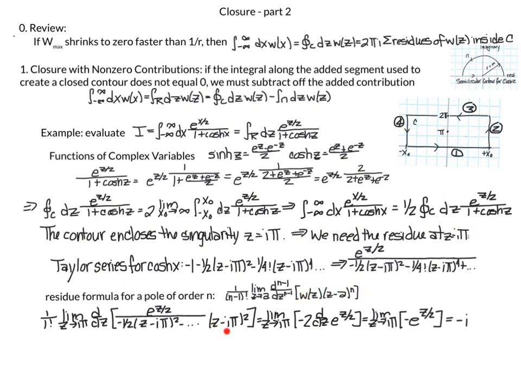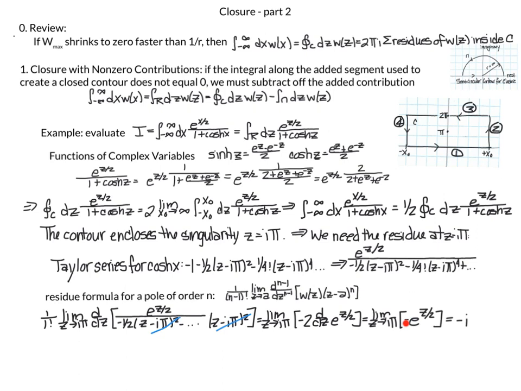So that's (z minus i pi) squared, which cancels this term out over here, and I'm left with the limit as z approaches i pi, my minus 1/2, I just invert that to minus 2, derivative now of e to the z over 2. Taking the derivative gives me a 1/2, which cancels with the 2, so I'm left with the limit as z approaches i pi.